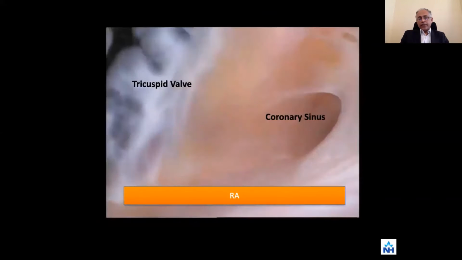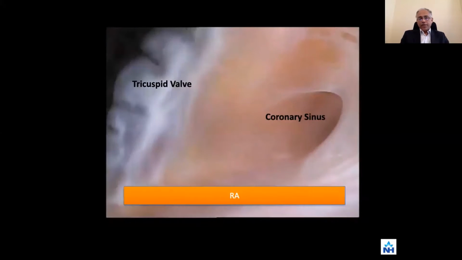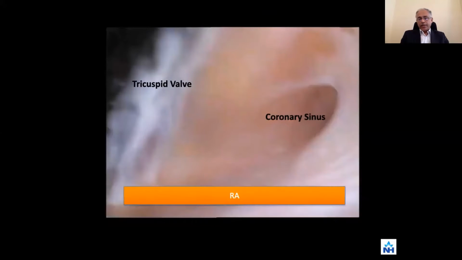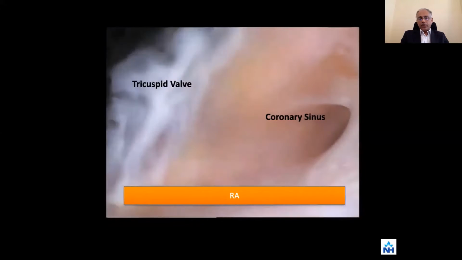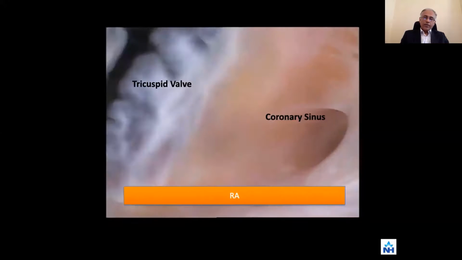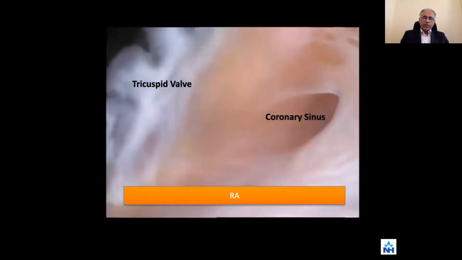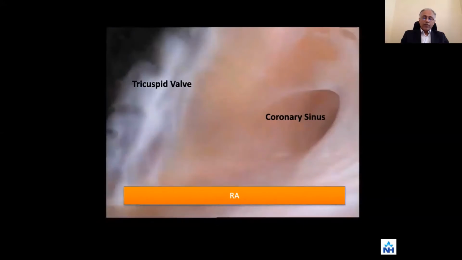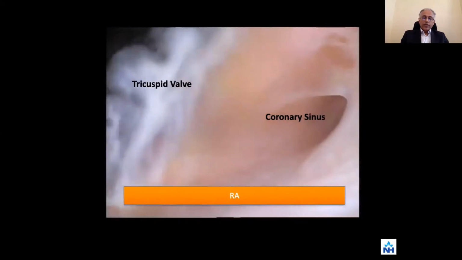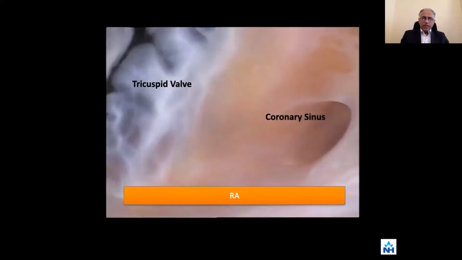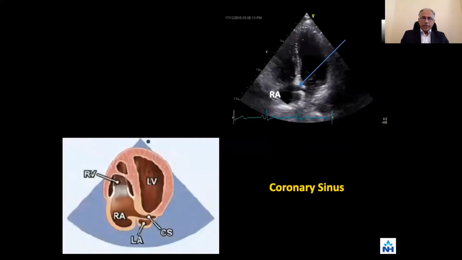Now, the anatomy again, I'm emphasizing, and its relationship. Here you have the coronary sinus, and then you have the tricuspid valve. The tricuspid valve and coronary sinus have a very close relationship, so you have to be very careful depending on which view you see it in. These two structures go very closely to each other. Now the coronary sinus, per se, it would not be good to call it a normal variant because it's a regular structure.